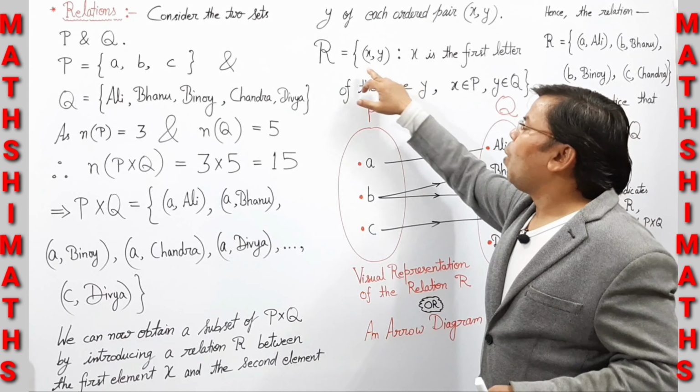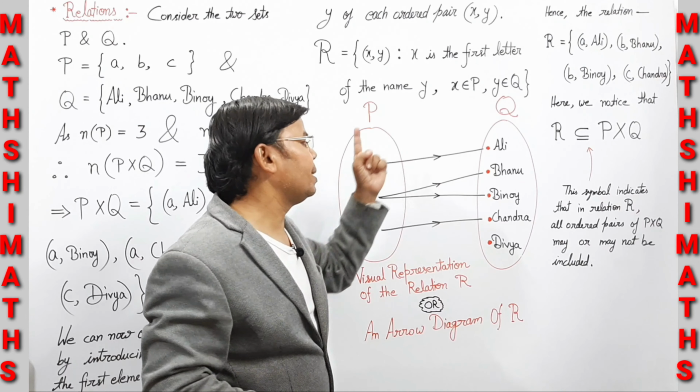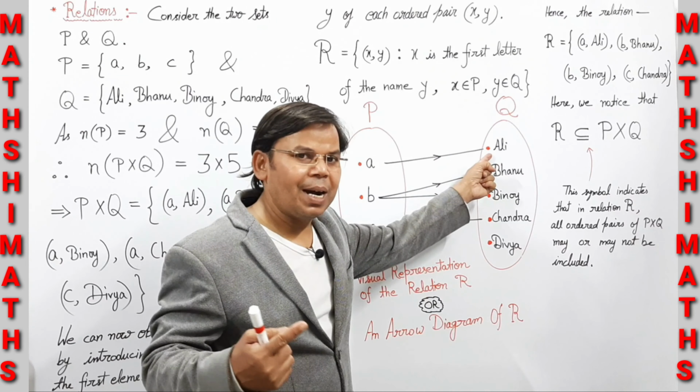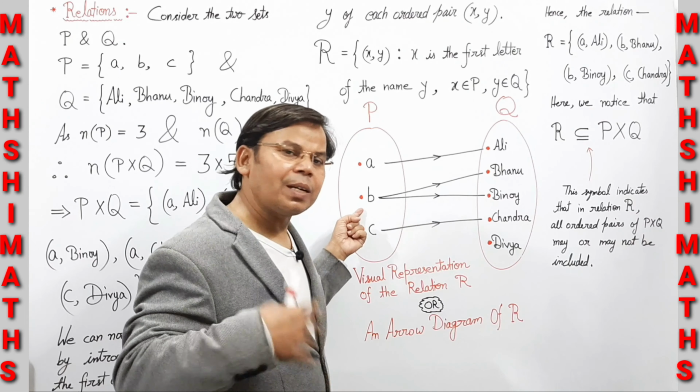So we can see with the help of this visual representation of the relation R that A is the first letter of the name Ali, B is the first letter of the name Bhanu, B is the first letter of the name Binoy, C is the first letter of the name Chandra.